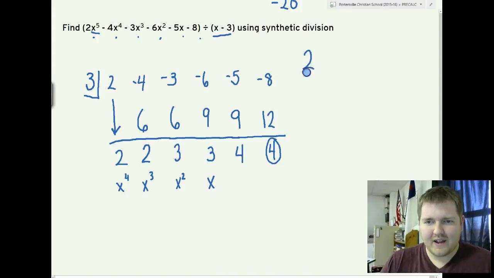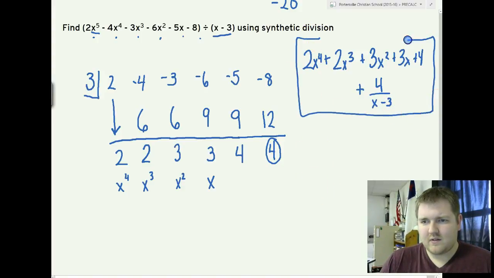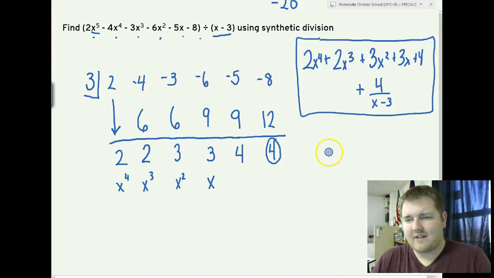When I write that, I get 2x to the 4th plus 2x cubed plus 3x squared plus 3x plus 4. And then my remainder, I can't really squeeze it in up there, but plus 4 over x minus 3, my original factor that I was dividing by.